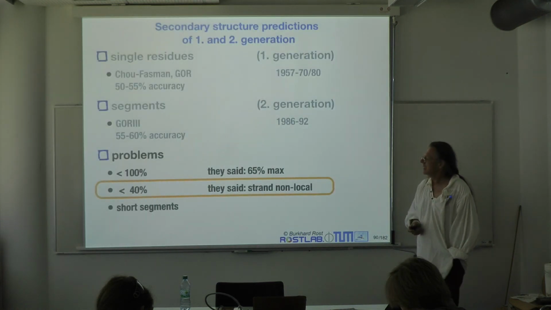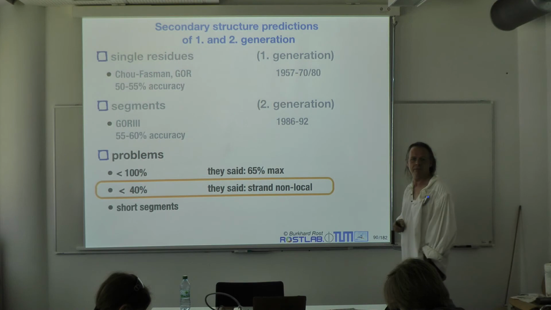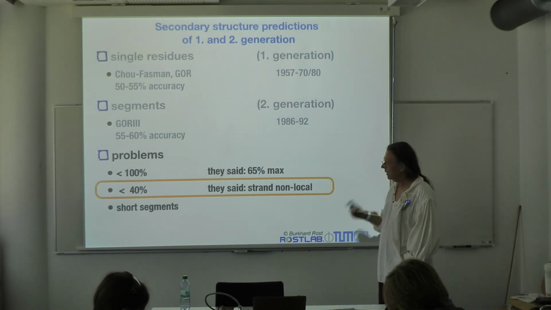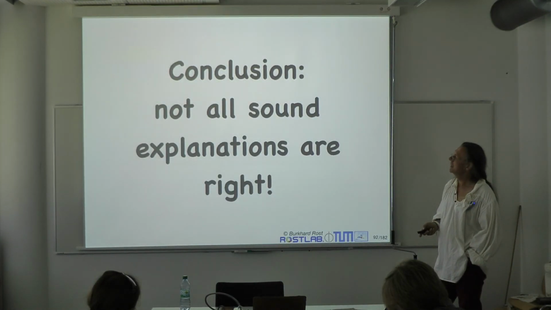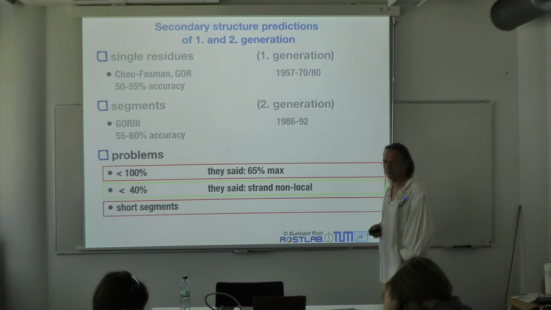So the machine learning already solved this problem. We can do much better for beta strands. Although beta strand is less local, we can predict it much better. But now the next issue is about short segments.